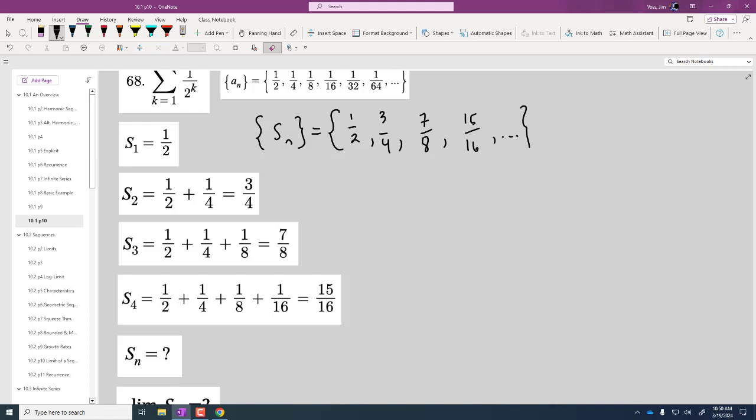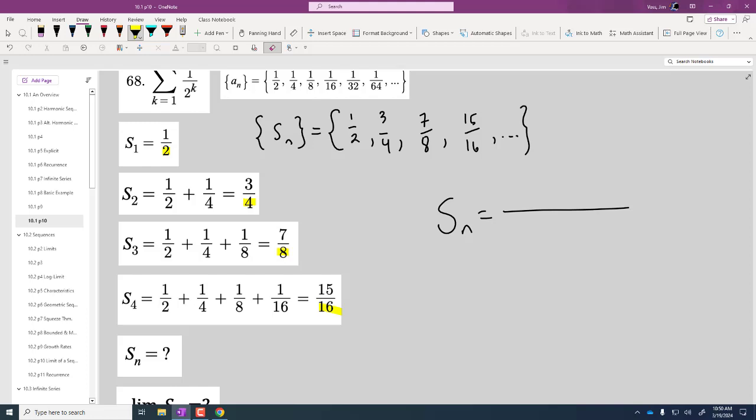So the question is, can we find a formula for S sub n? Geometric series are going to be the easiest possible ones. Do you see the pattern for the denominator? What is it?